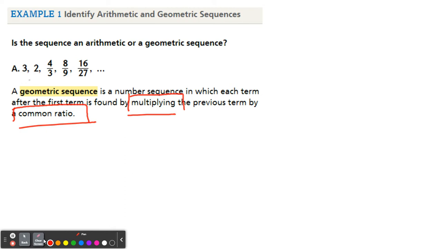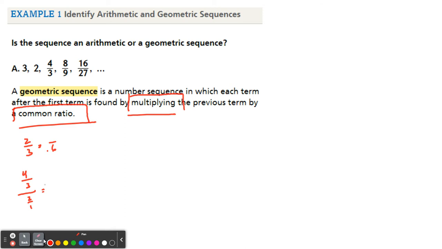To figure out the common ratio, we take the second term, 2, and divide it by 3. 2 divided by 3 is 0.6 repeated. Then we take the third term, 4/3, and divide it by 2, which is just 2 over 1. Again, you could have just typed it in Desmos and got the answer.